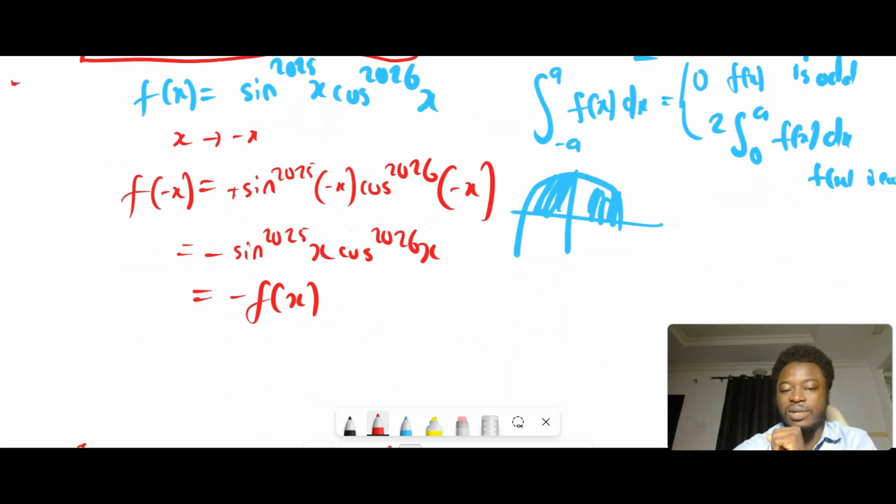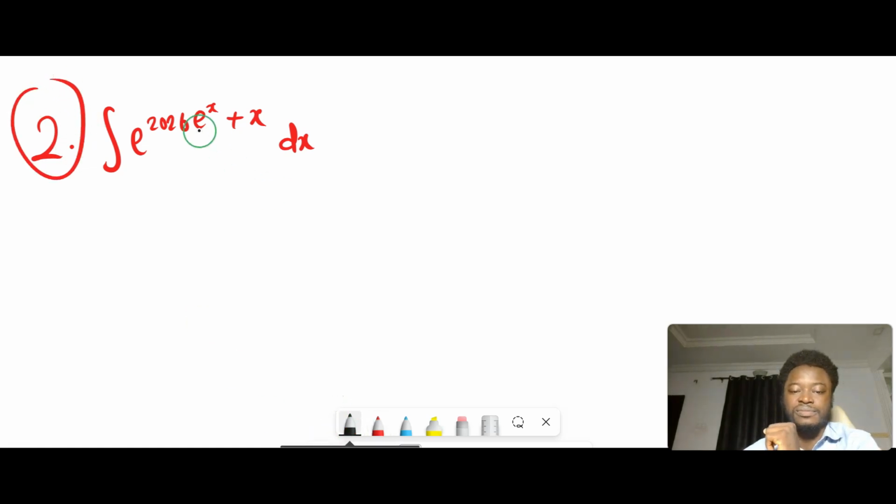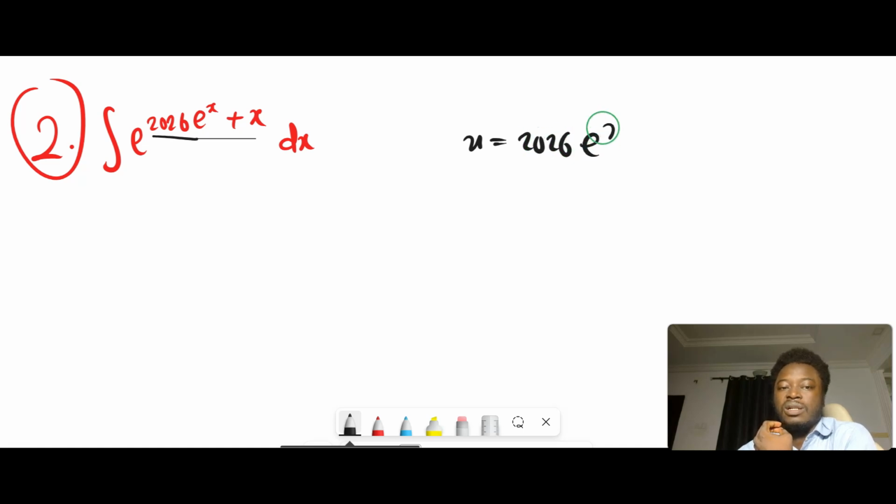Now the next problem for the students, this is problem 2 from MIT, is that they have to compute this integral, and it may look intimidating because of the date, but you don't need to worry. First of all, your mind will be thinking, okay, let me just do substitution. Let me just take u to be 2026 e to the x plus x.